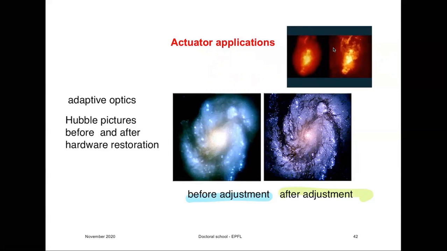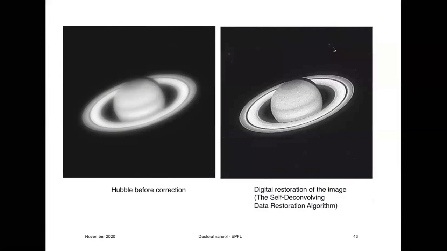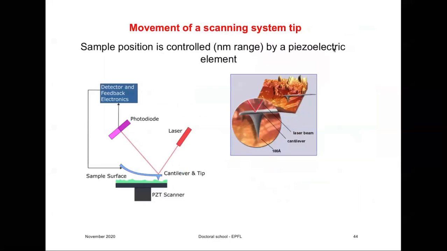And they can operate very well in vacuum in space and at low temperatures. You can get similar enhancement of the picture by software, but of course we prefer to do it with the hardware.